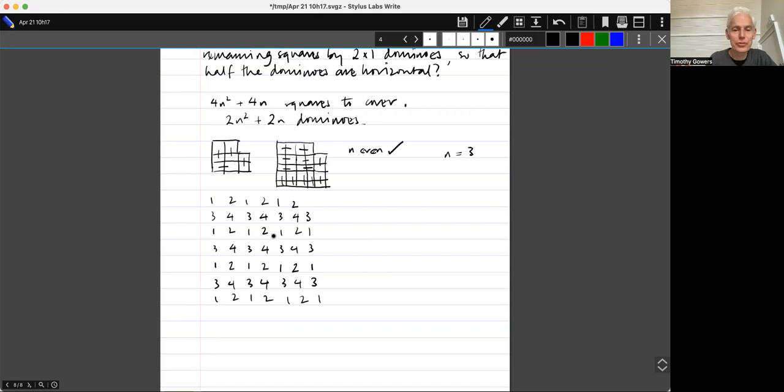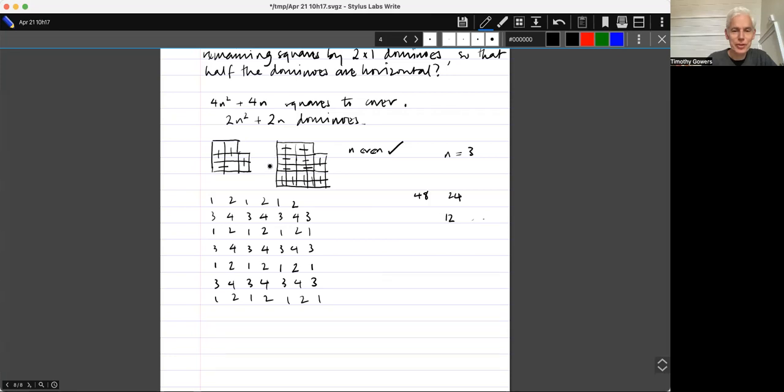So what we can't do with it, oh no, that doesn't help. So we've got 48 squares to cover, so 24 dominoes, so 12 of each colour. Sorry, 12 horizontal and 12 vertical.